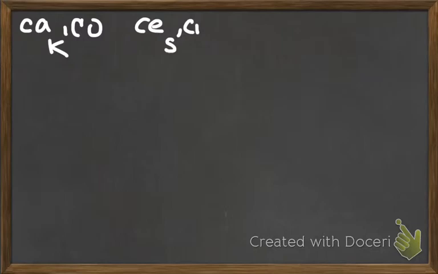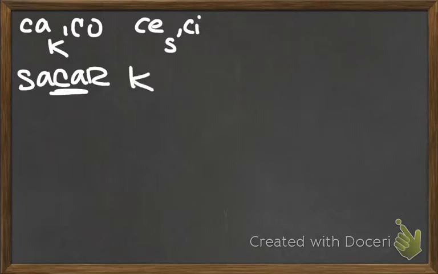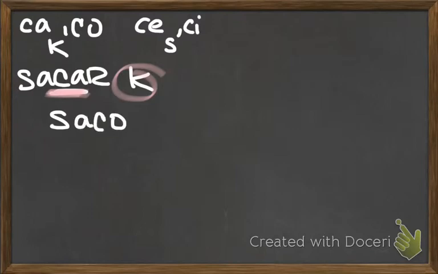So if we look at a verb like sacar, this is a k sound that we're making right here. Okay? So we want to maintain the k sound. So our verb, the forma de yo is saco, menos la o is sac, okay?